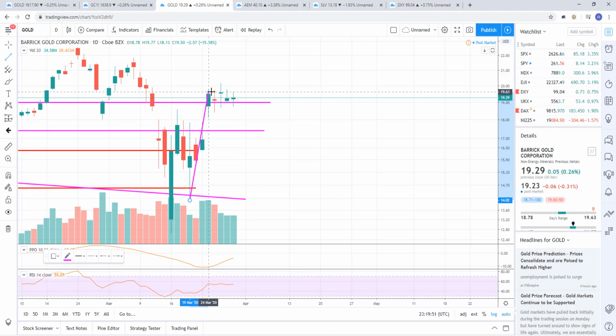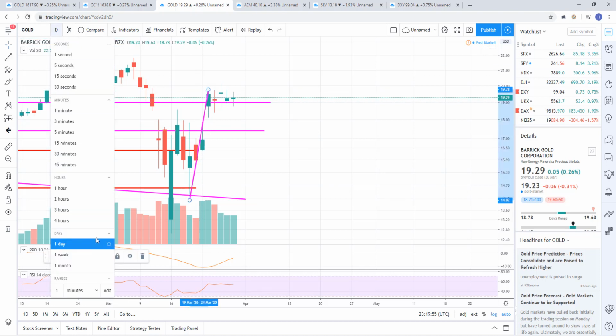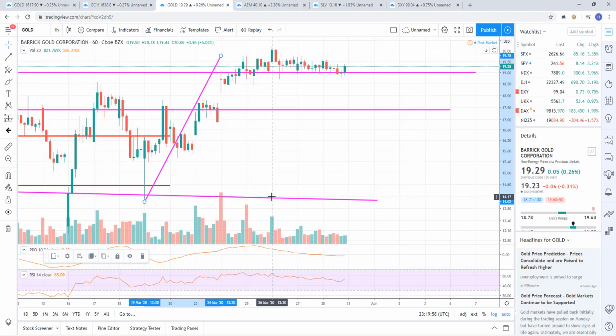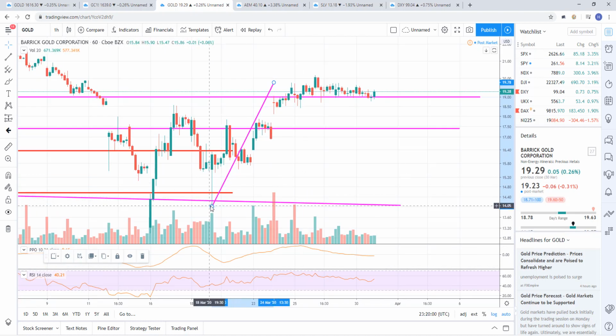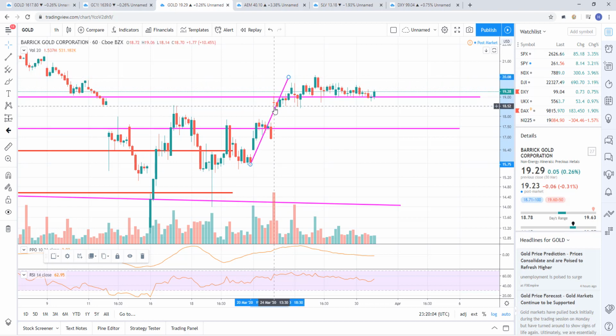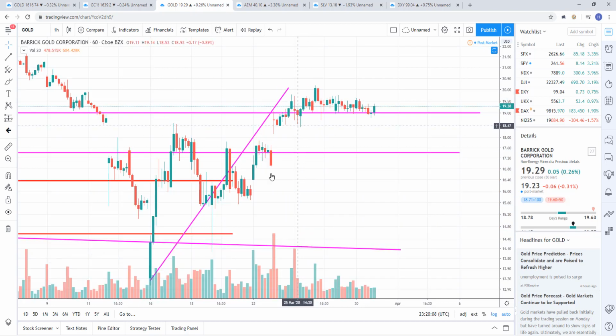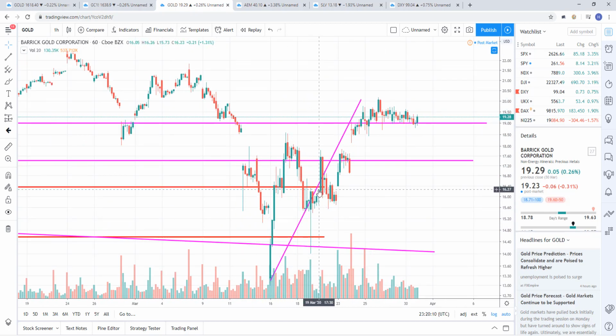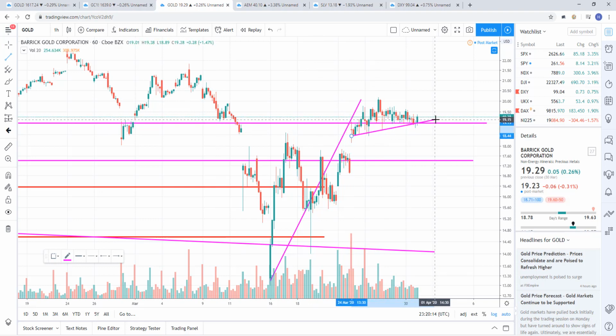It's a flag. So you got the flagpole. You could mark this flagpole. If you go to the hourly chart, we'll probably be able to see it a little cleaner. It could be a small flag like this, or you could say it's a big flag and it goes all the way down to here. But there's your flagpole, and you've got this little flagging action that's taking place.